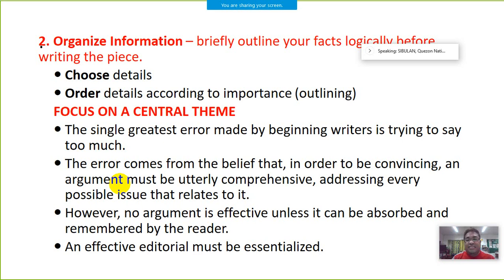So in that sense, we will violate one of the principles of editorial, which is brevity. So an editorial must be essentialized. In other words, we have to include only the essential things that matter, and we have to stay focused on the theme.